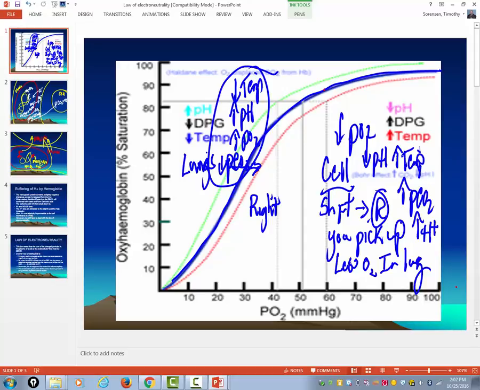But now these conditions are present throughout the entire body, so when that red blood cell gets down to the cell, it will not let go. Say yes. You said a lower PCO2? Lower PCO2, right? Because you're getting rid of CO2 in the lungs. You got that? That's the oxyhemoglobin dissociation curve.